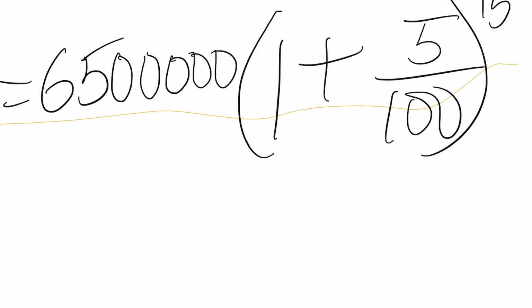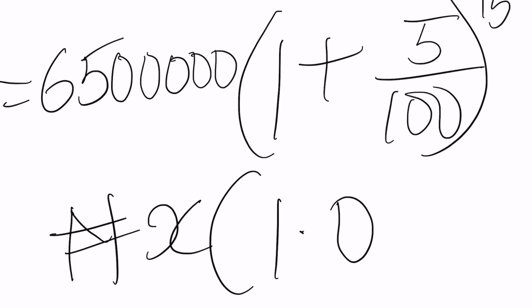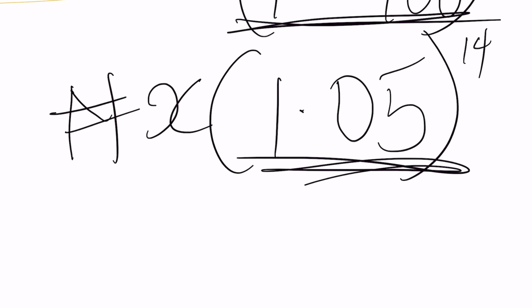Since interest is charged for 15 years, an installment of X naira at the end of the first year will amount to X into bracket 1.05 raised to power 14. So basically for 15 years you have X into bracket 1.05 raised to power 1, X into bracket 1.05 raised to power 2, X into bracket 1.05 raised to power 3 up until the 14th year.